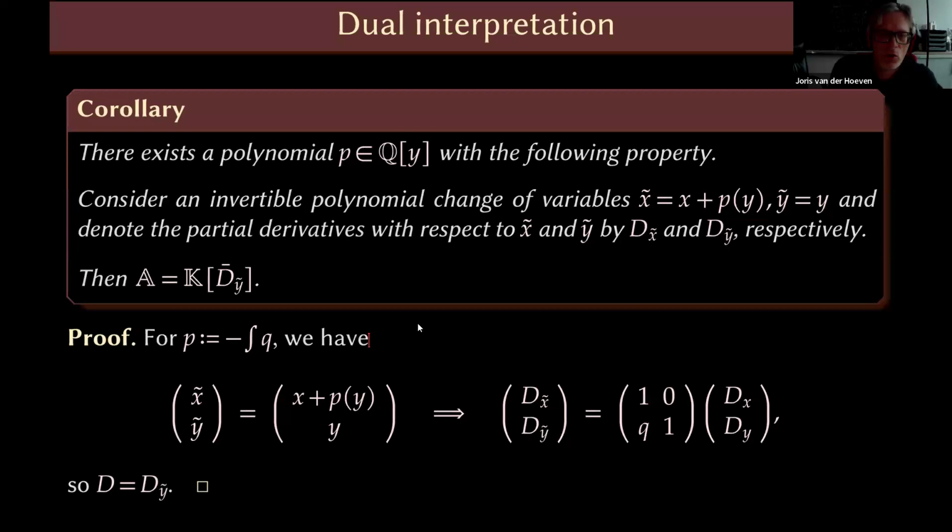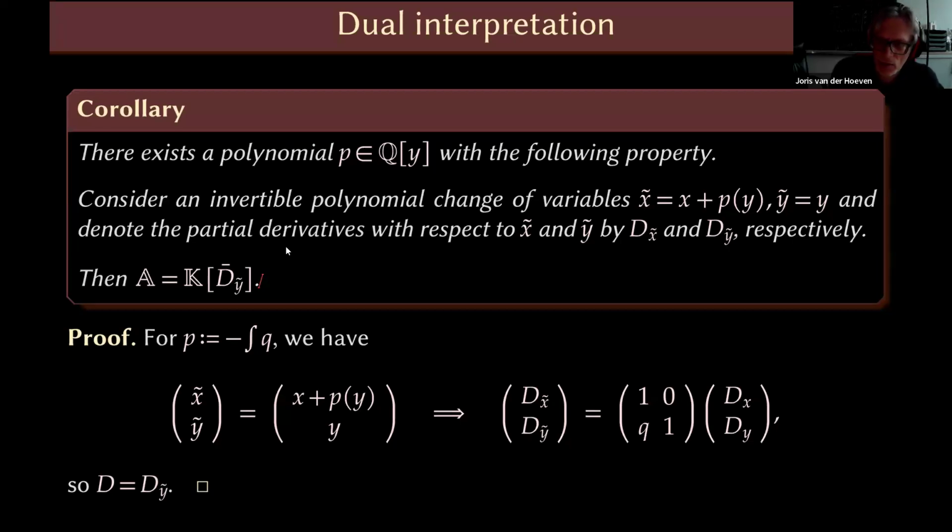Okay, so basically there always exists a change of variables, so that if now we rewrite things in terms of the corresponding derivations in the new variables, then basically the whole algebra is generated by a single derivation with respect to the y.